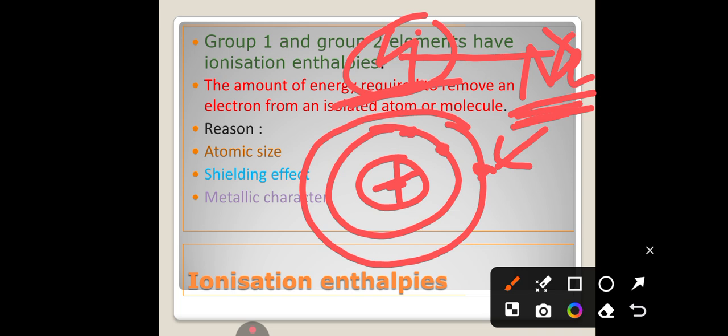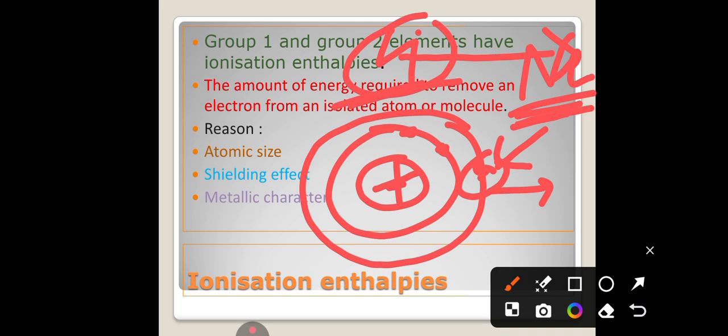Just like that, when the nucleus has fewer electrons around its orbit, the energy required for the nucleus to hold the electrons will be less. So when it is less, these electrons can easily be isolated. That's the meaning. Rather than when the electrons are more, wherein the nucleus will have to hold them tightly.